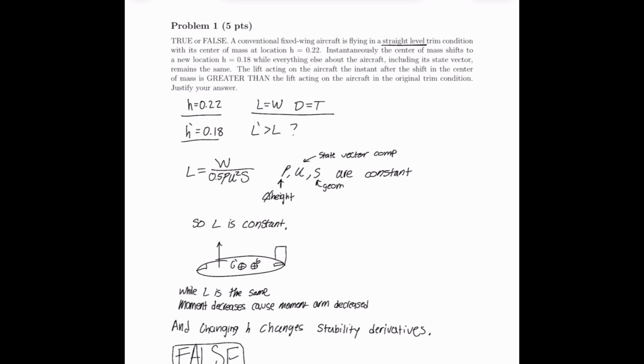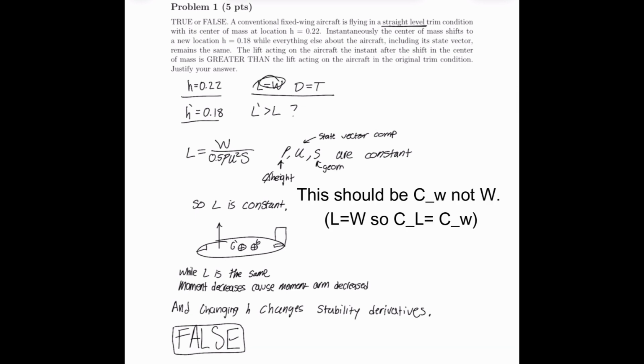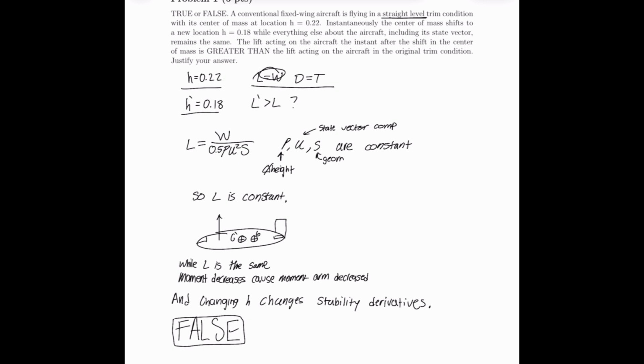Okay. So we know that lift equals weight, so we can do lift equals weight over these parameters. And we know that rho doesn't change because the height is not changing because it's straight and level. We know that the state vector doesn't change, and u is a component of the state vector, the x component of velocity, and S is geometry.